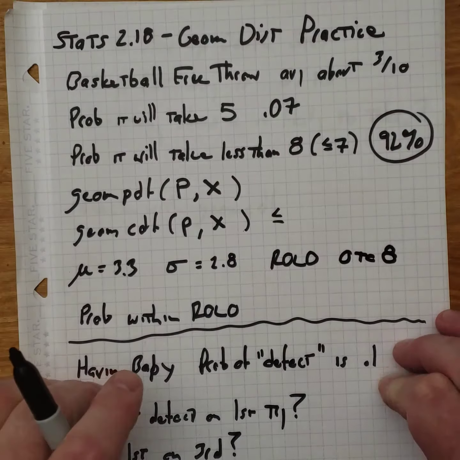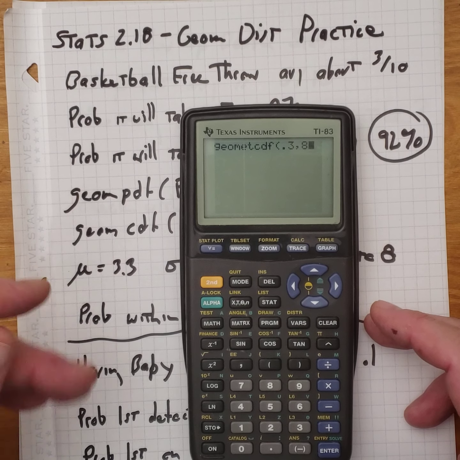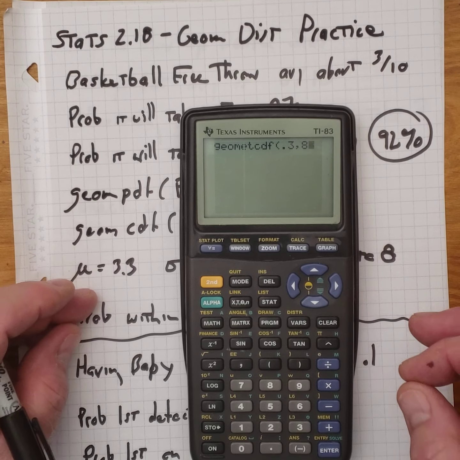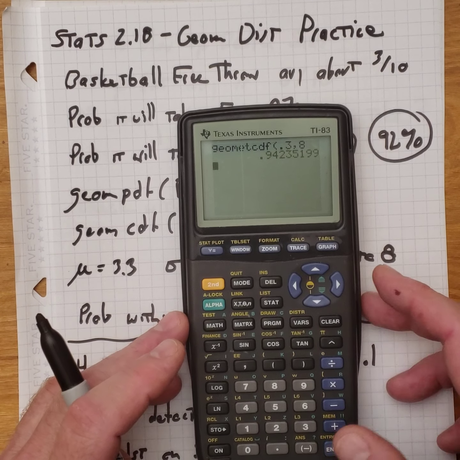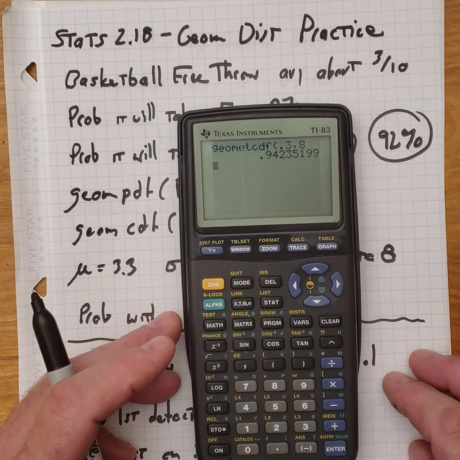Second vars to get to our distributions, geometric CDF. And I'm going to put in 0.3, comma 8. So what's the probability that it will take no more than 8 shots, or between 0 and 8, and we get 94.2%, which is awful close to 95, so that makes sense.